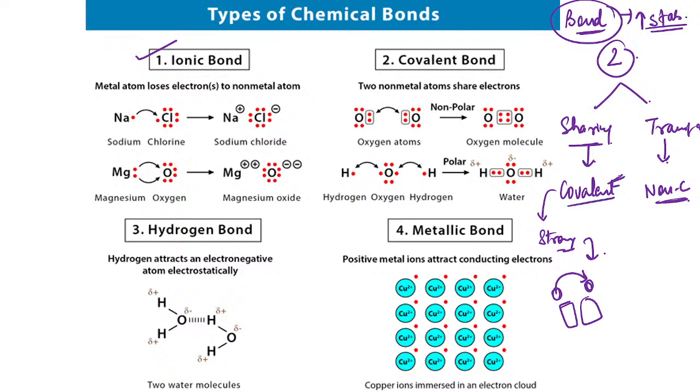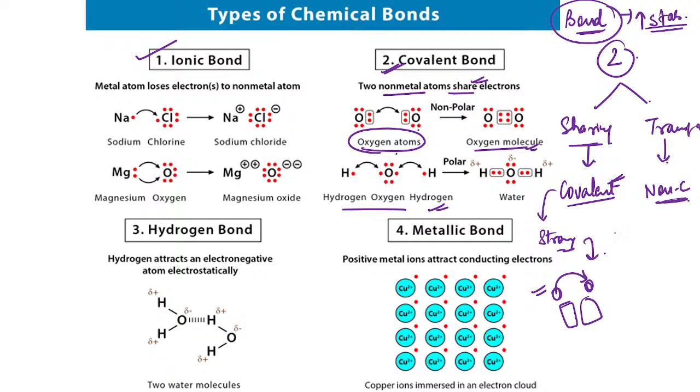So sharing leads to the formation of covalent bonds. Covalent bonds are stronger, the reason being they require higher energy for breakdown. See over here, when two non-metals share electrons, for example, oxygen atoms, they both will be sharing two electrons together to form an oxygen molecule. Then in water as well.